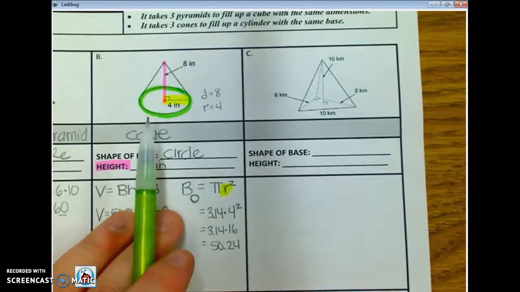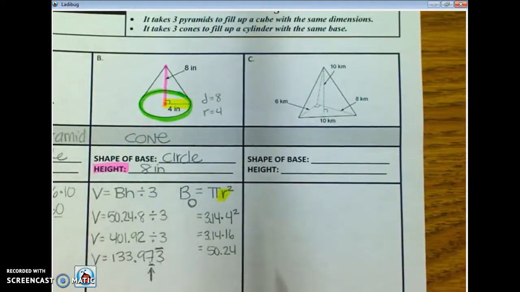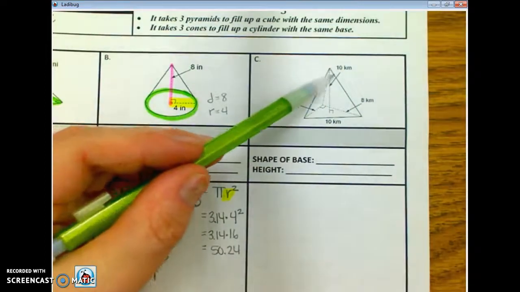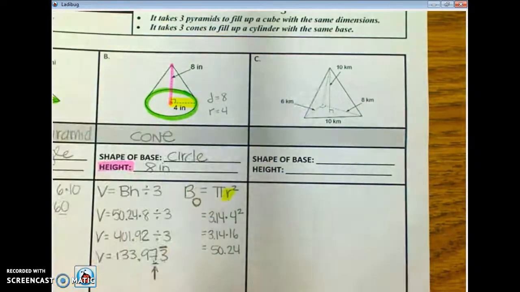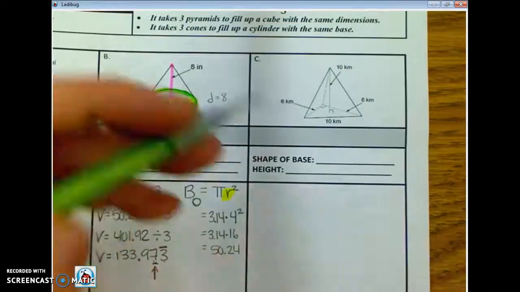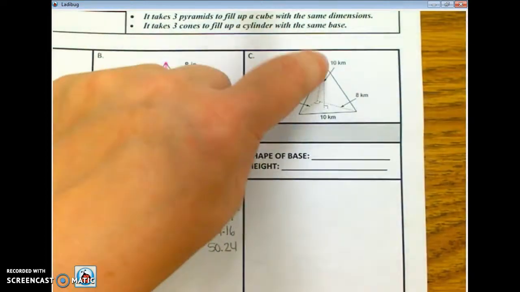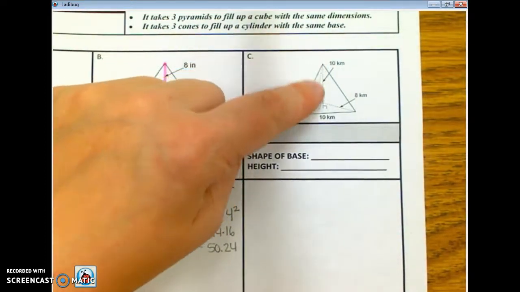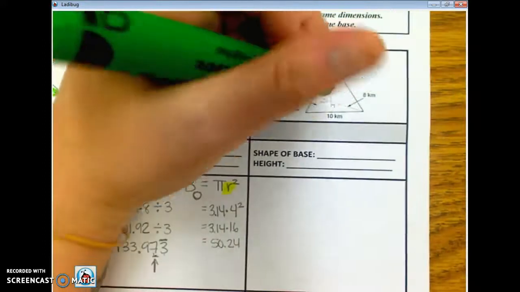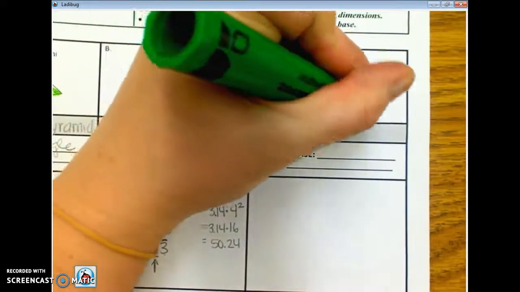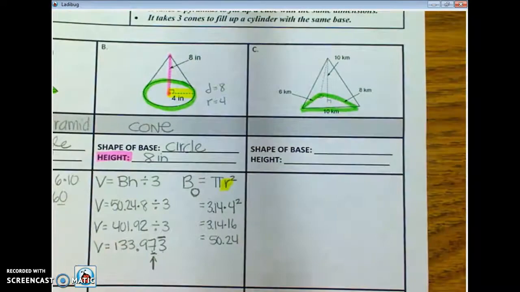And for our final example here, let's take a look. We see that we've got lots of triangles all around, so we're dealing with a pyramid. We're trying to find the base. The way to find the base is to look for the tippy top point, and it's going to point to it. So here is my base.